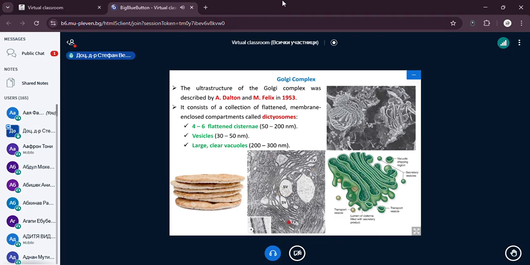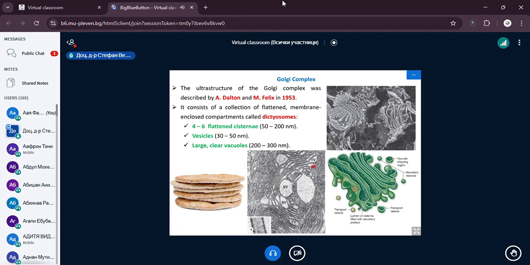This structure is repeated many times in the cytoplasm, and all these cisterns in different elements of the Golgi complex are interconnected together. This basic unit of the Golgi complex is called a dictyosome, and hundreds of such dictyosomes are dispersed in the cytoplasm close to the nucleus or around the nucleus and in close proximity to the endoplasmic reticulum.